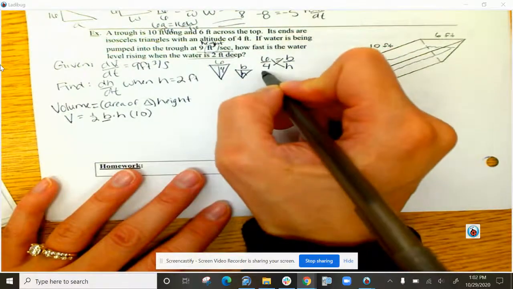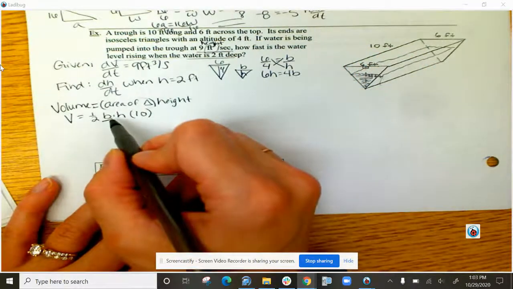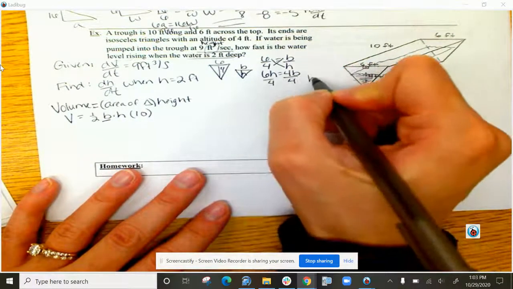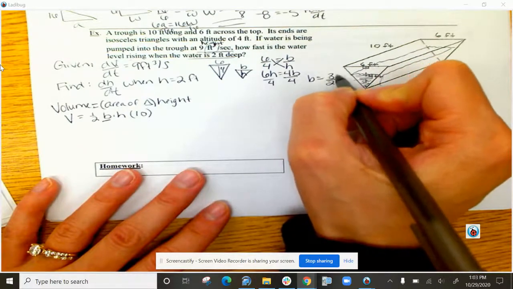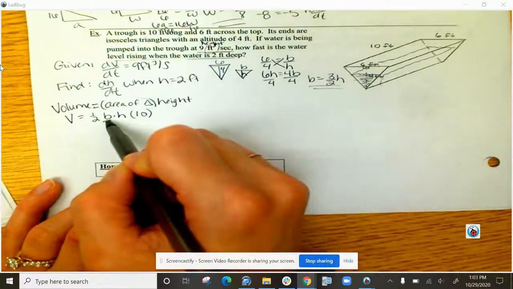Cross multiply, I get 6h equals 4b. I'm trying to solve for b because I'm trying to replace that. So I need to know what b equals. So when I simplify this, I get b equals 3/2 h. And so this right here is going to get plugged in for b over here.